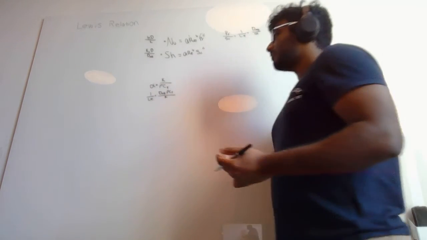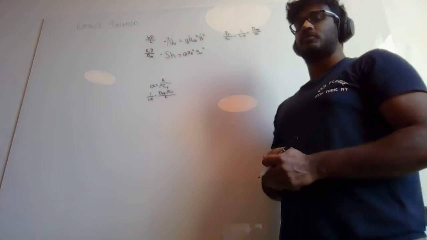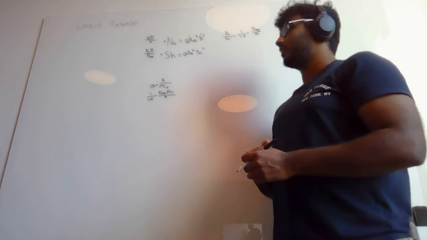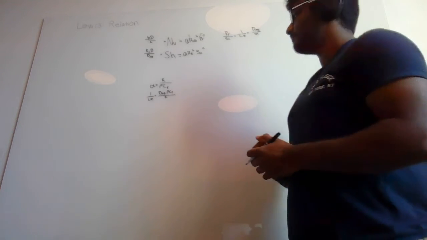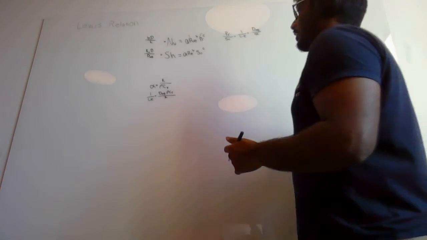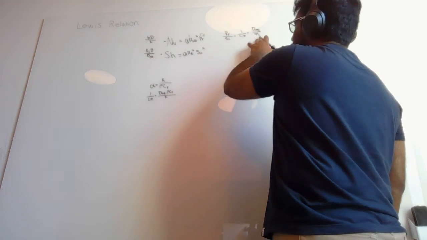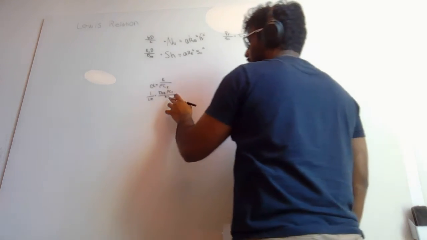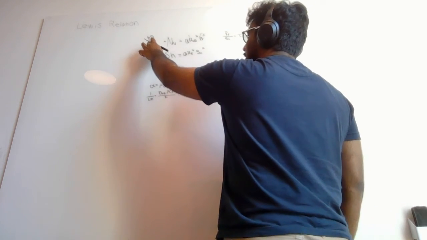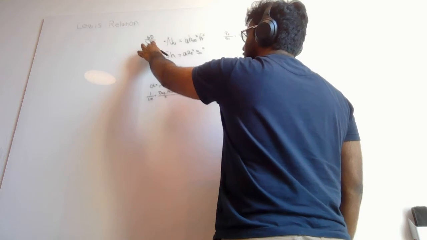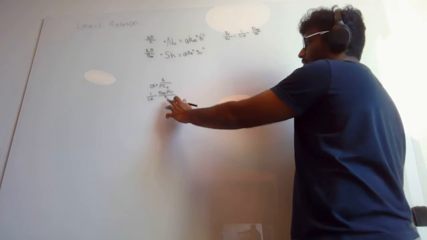So 1 over the Lewis number is equal to the concentration diffusivity from A to B times rho, the density, times the heat capacity, divided by the thermal conductivity. And since all this stuff is equal to one another, we can go ahead and set these expressions equal to 1 over the Lewis number.